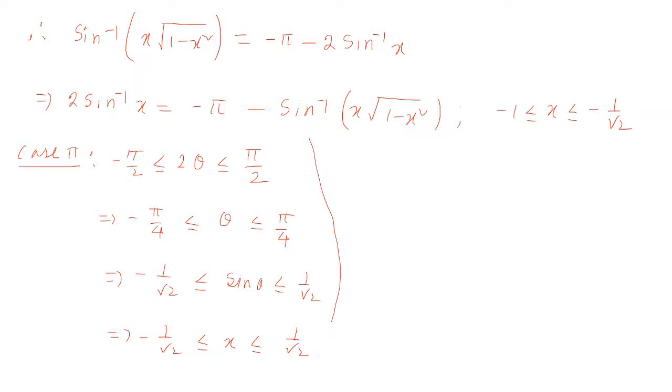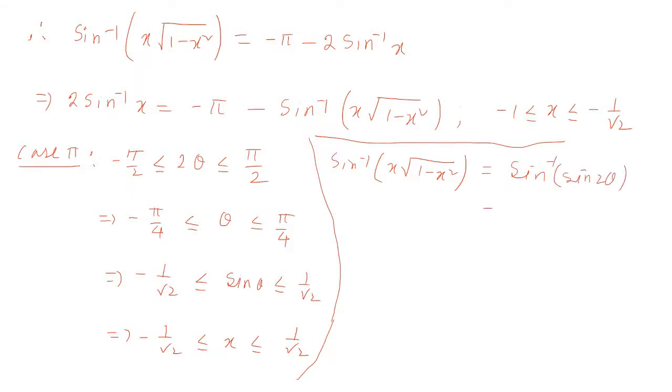And in this case you see, sine inverse of x into root over 1 minus x square will be equal to, actually, sine inverse of sine 2 theta. And so this is in the principal branch, therefore it is simply 2 theta.